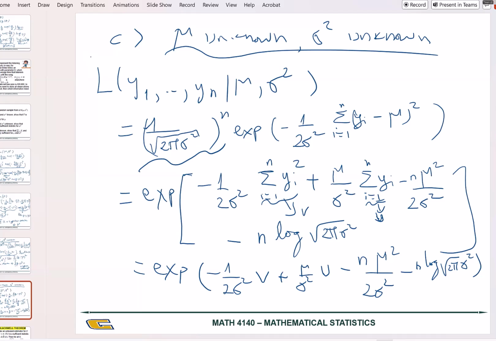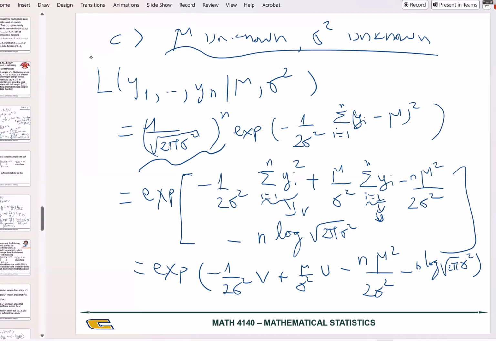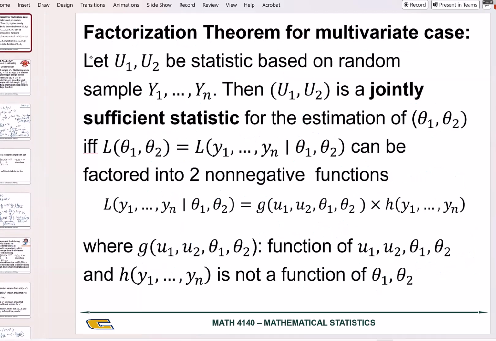So this is just a joint function. You remember in the multivariate case, if you have a joint function of u1, u2, theta 1, theta 2, times something, and that something here, in this case, is just 1.